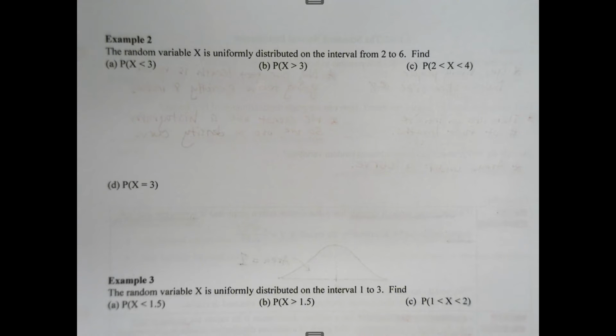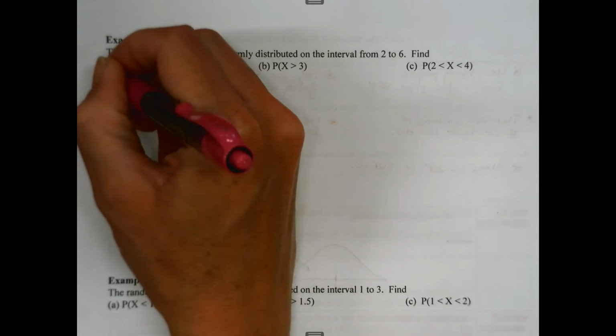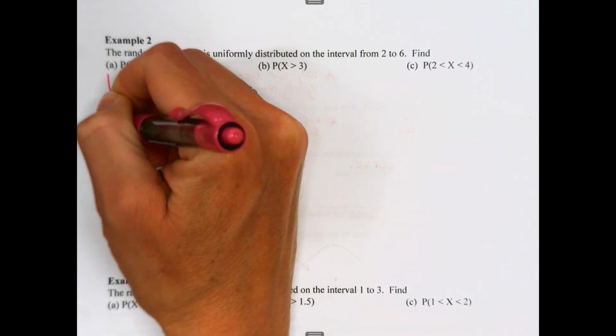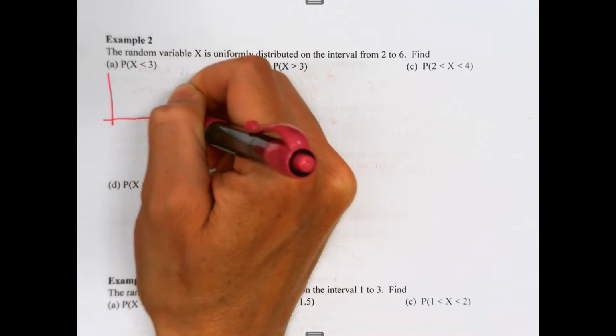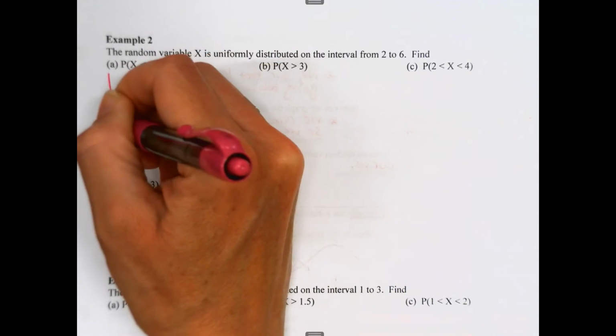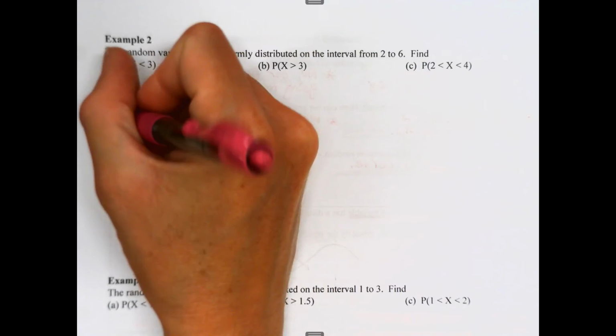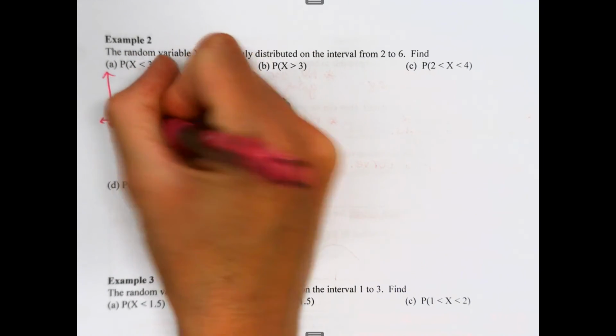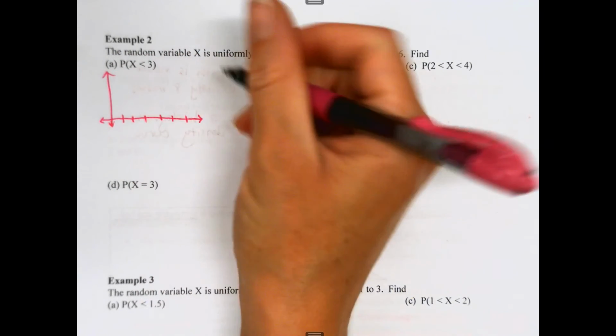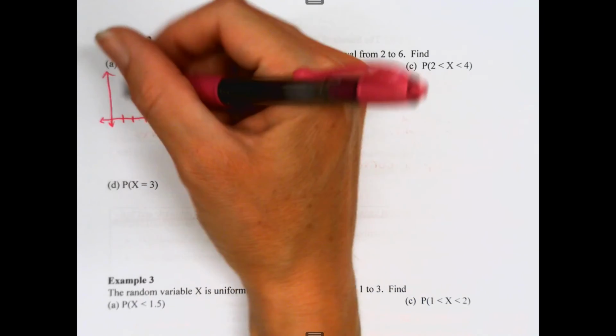Example 2, it says the random variable x is uniformly distributed on an interval from 2 to 6. We want to find some probabilities. First, we're going to draw a picture to help us understand what's going on. It says we are on the interval from 2 to 6, and it is uniformly distributed.